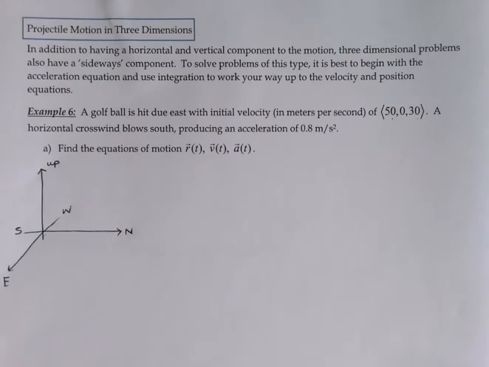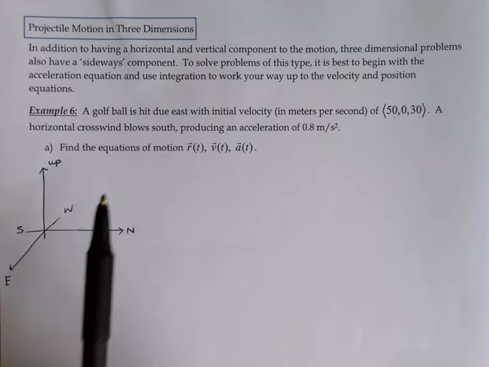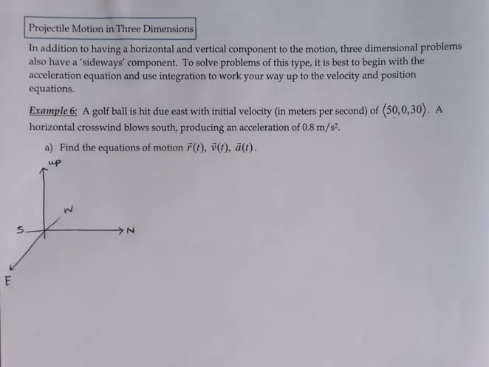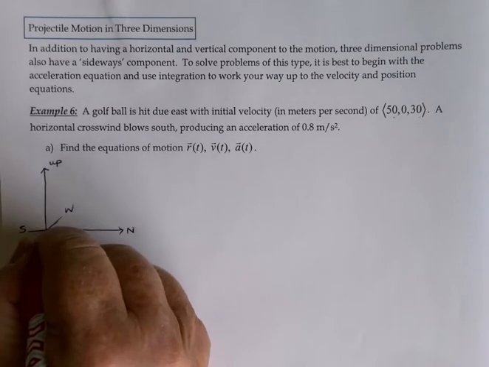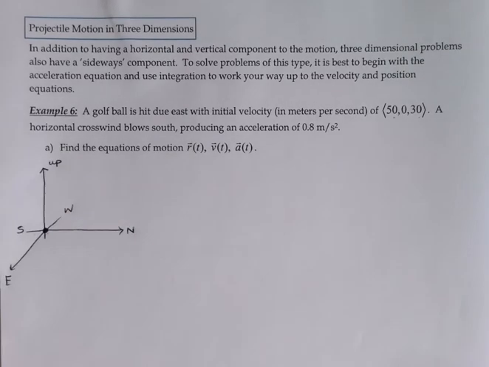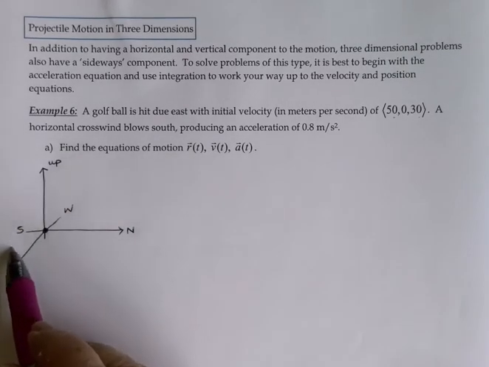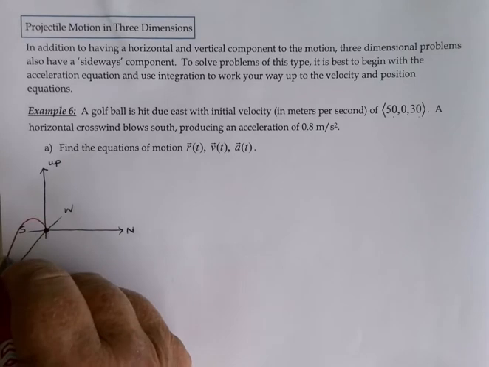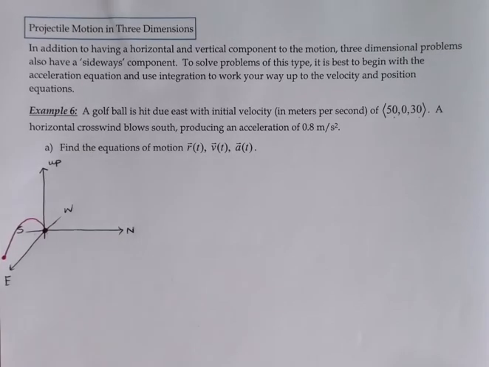So our initial velocity vector is in the xz plane. Now the horizontal crosswind is going to blow slightly south, so in actual fact I would expect that my trajectory wouldn't just go forward and land on that x-axis due east, but would end up getting blown slightly south of east by the time it lands.